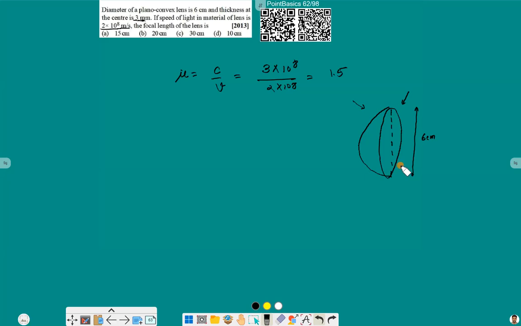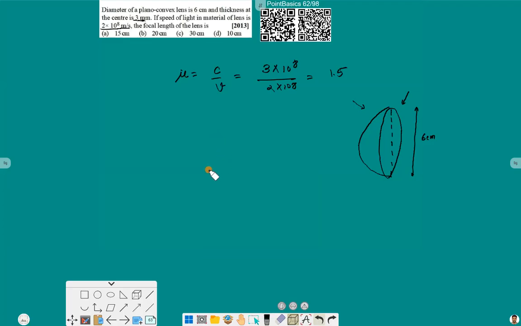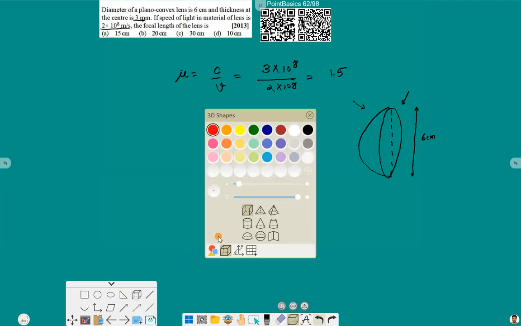Now keep one thing in mind, that this is not a hemisphere. Let me draw a proper 3D diagram so that it is better understandable. Let me change this to a sphere.